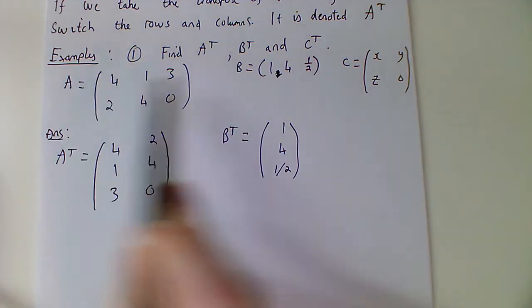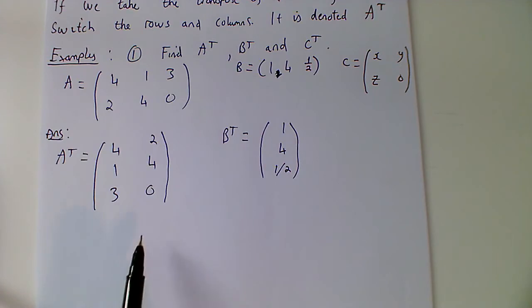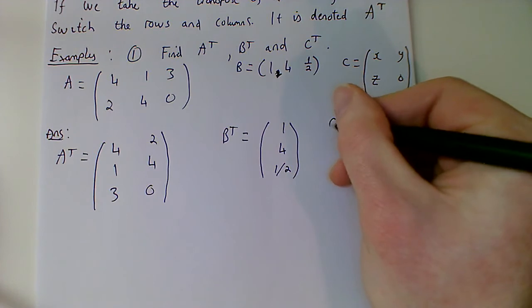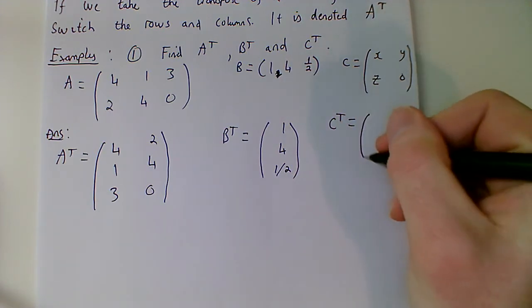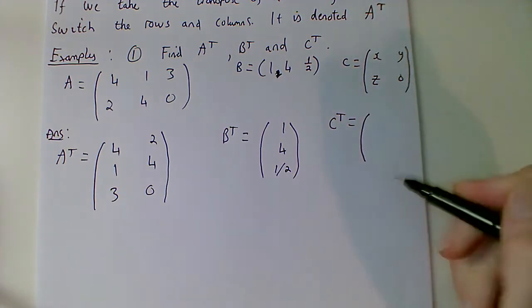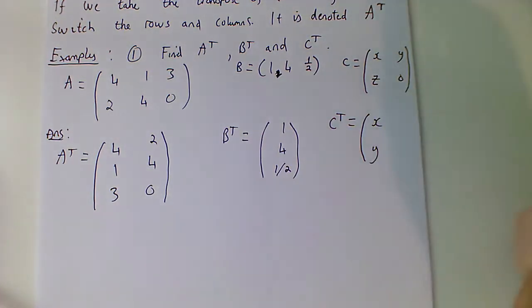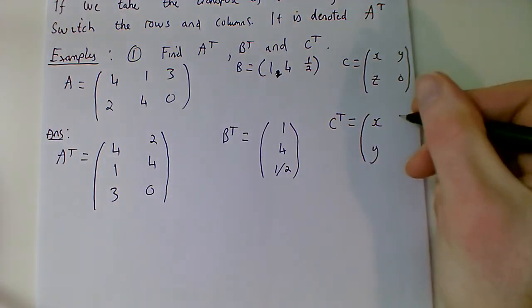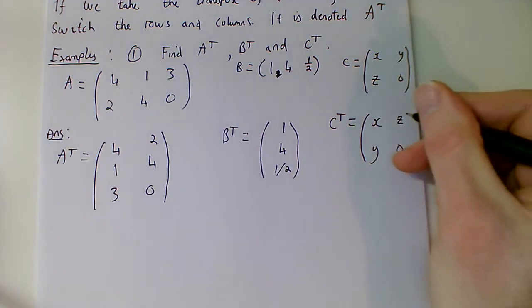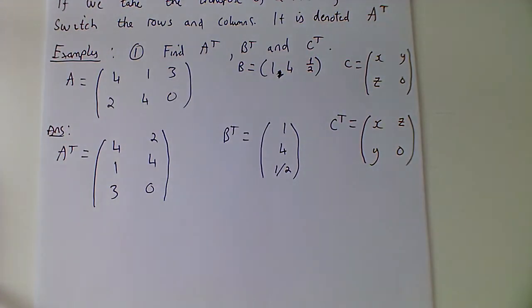So row becomes column, row becomes column, then row becomes column. Exactly the same for C transpose. That row is going to become that column, so x, y, and that row is going to become that column. If you want, you can label them column 1, row 1, if it helps, but we're going to do that later on when we're multiplying matrices. So just now, I'm going to avoid using that terminology as much as possible.